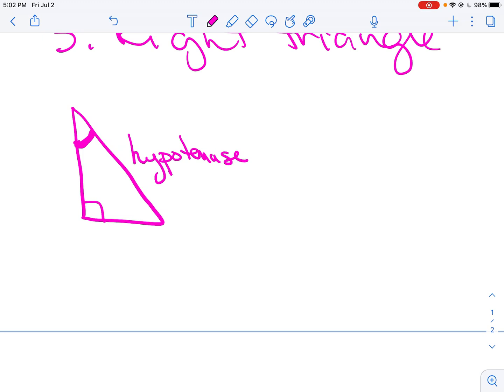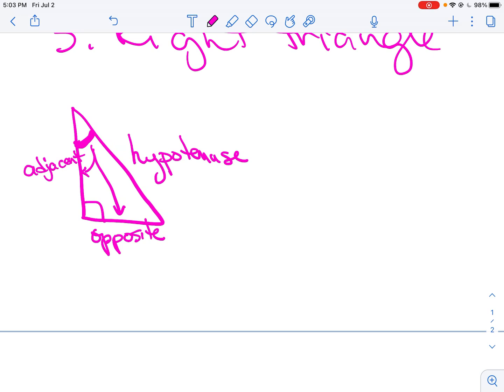Now, the other words that we talk about: this right here is next to that angle. So it's an adjacent leg. It is an adjacent leg. Now this one doesn't touch that angle at all. This is an opposite leg.